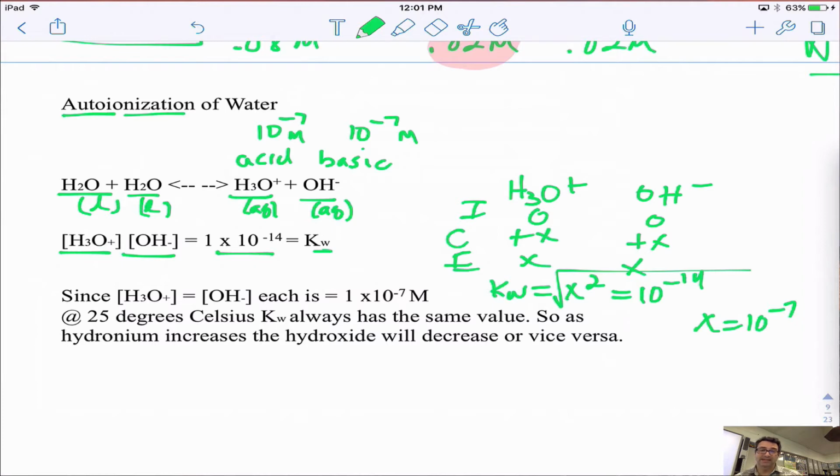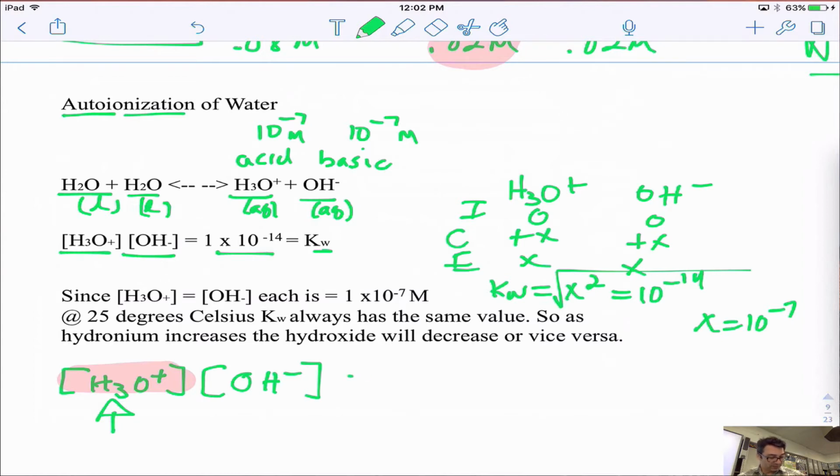This chapter is about acids and bases. And since we have our H3O plus here and our OH minus, if we add an acid to the water, adding an acid to water will drive up the H3O plus.